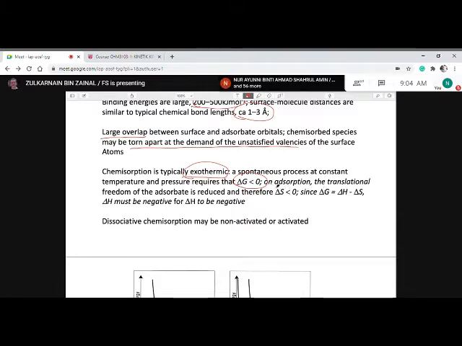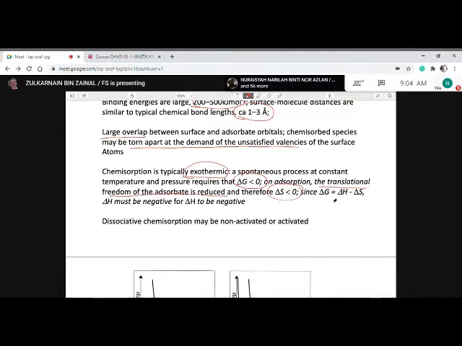And on adsorption, the translational freedom of the substrate is reduced. So that's why delta S is less than 0 also, meaning that the S value, the entropy value after the adsorption is less than the entropy value before the adsorption process.